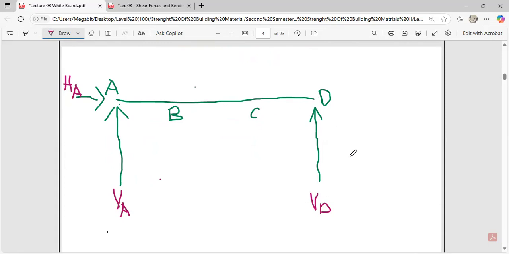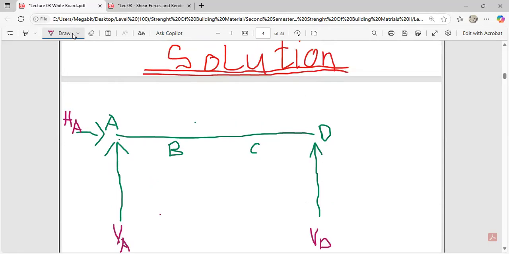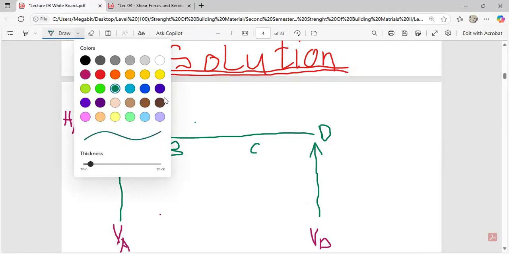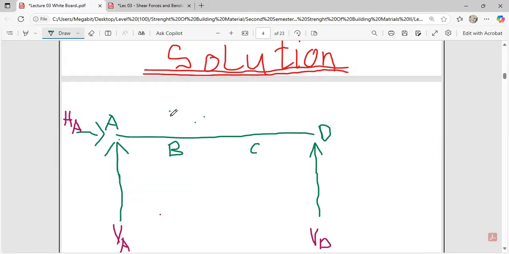Then from there, we can represent our forces. The first one is equal to 55 kilonewton. The second one is 155.